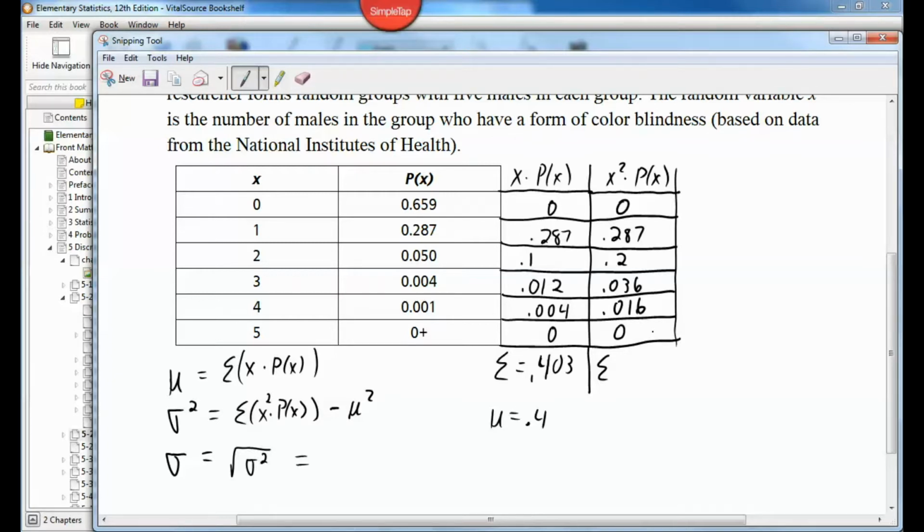Alright, so I got 0.539. Does that look right? And what do I do with that? I say that value minus the mean squared. So the variance equals 0.539. Don't round anything yet. 0.539 minus the mean squared. Don't forget to square that mean.